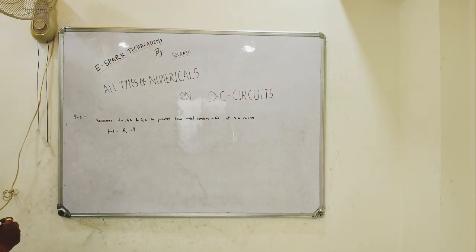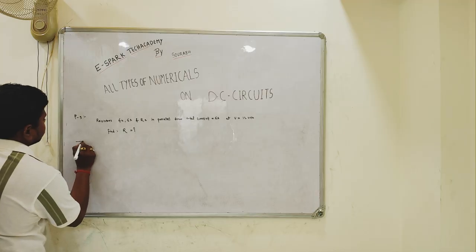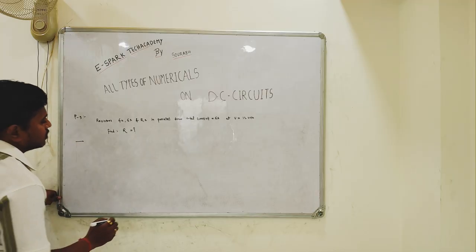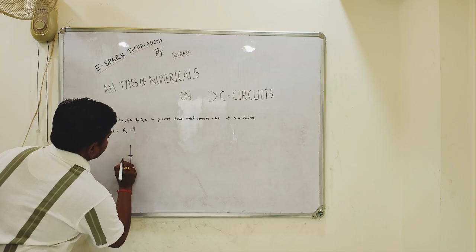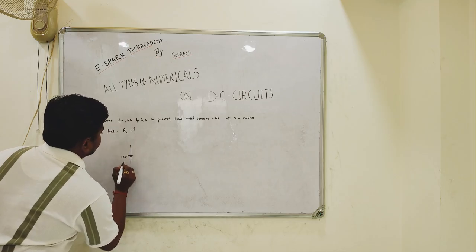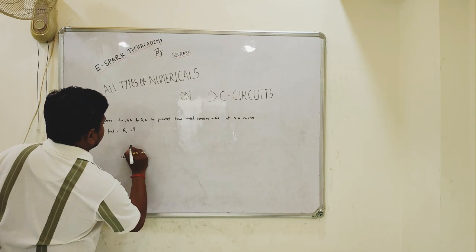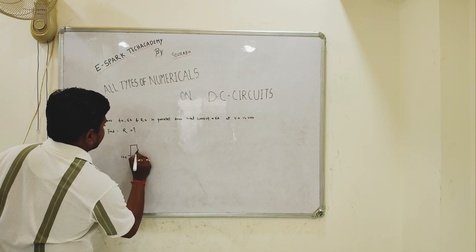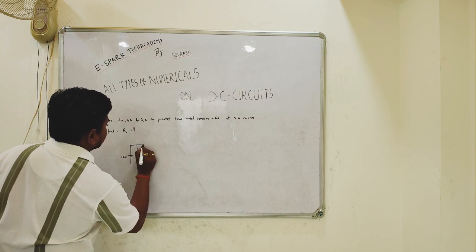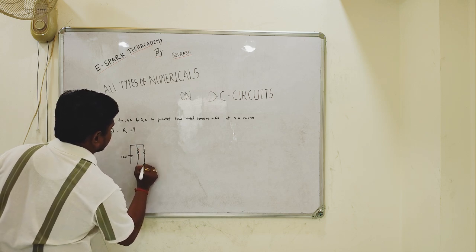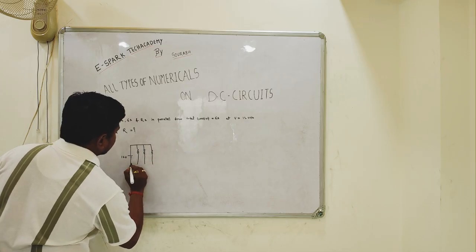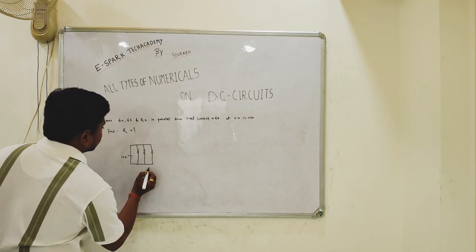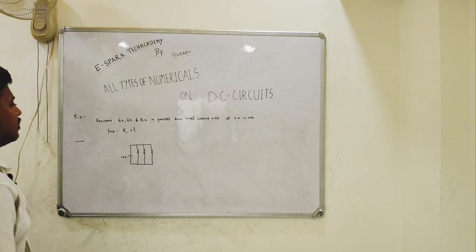Now first construct the diagram for this. What is given? This will be the voltage 12 volt supply. Here the resistors will be in parallel. These are the resistors in parallel.